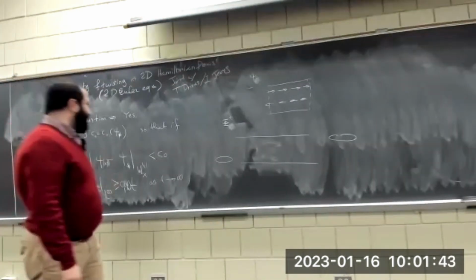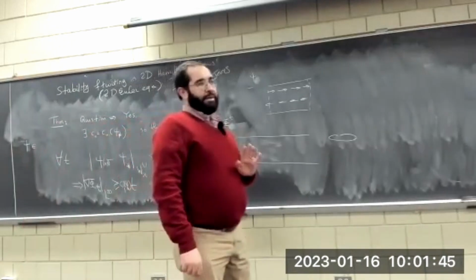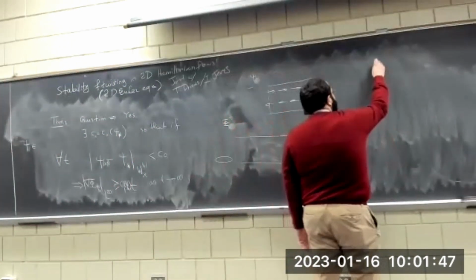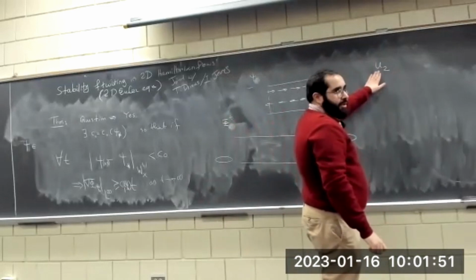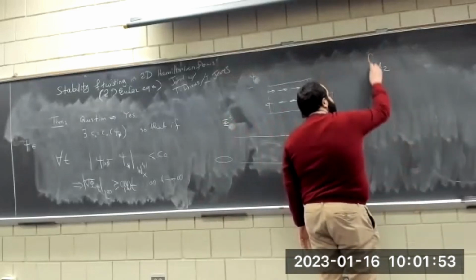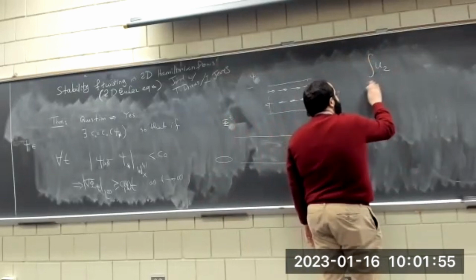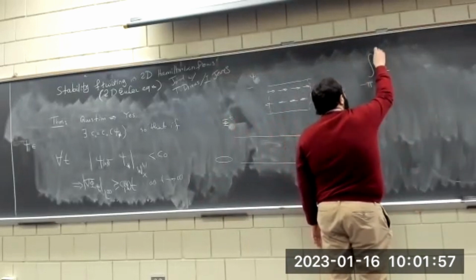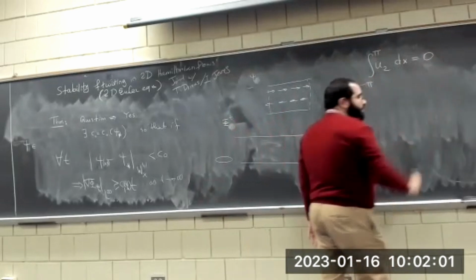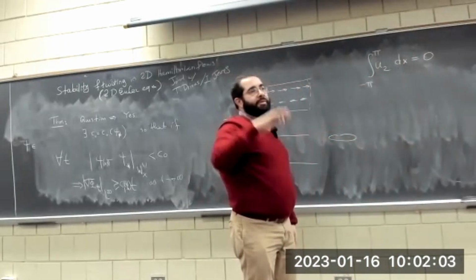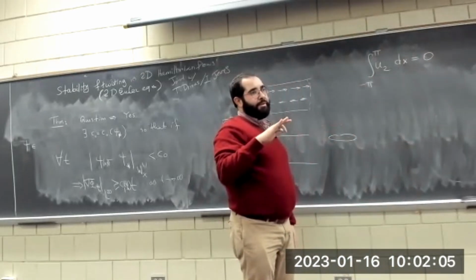Okay, so here's how I would look at it. In the Hamiltonian case, the second component of the velocity has to integrate to 0. Let's just think about it on the torus. It has to integrate to 0 on any horizontal line, right?